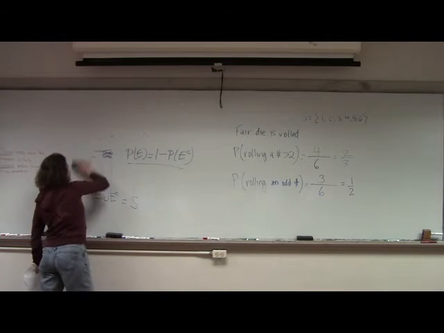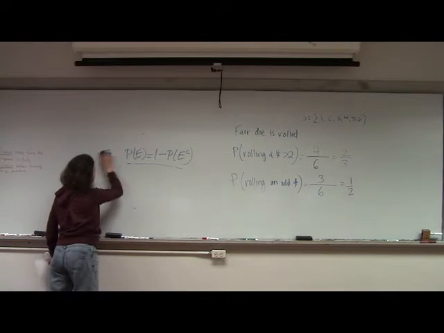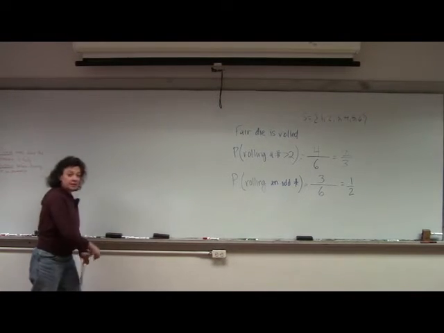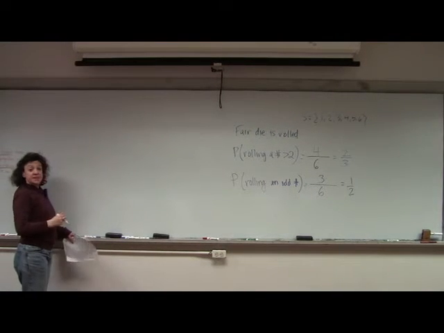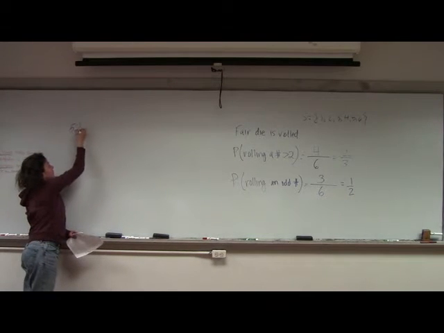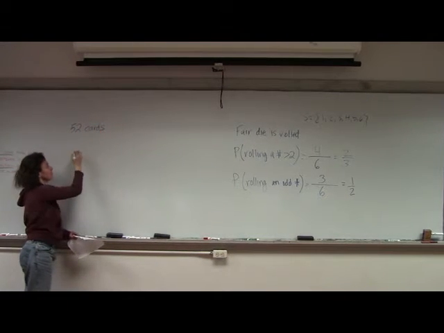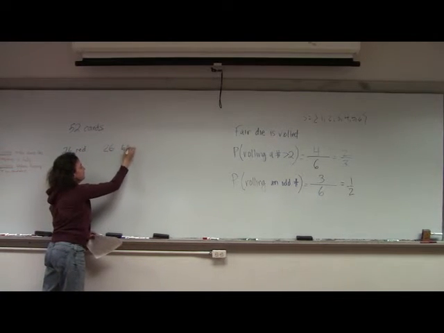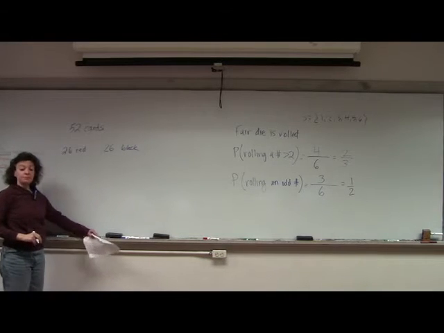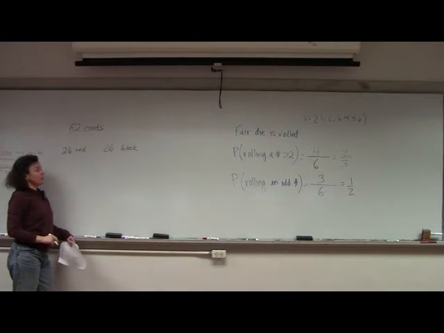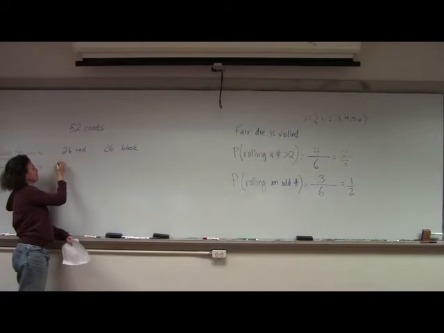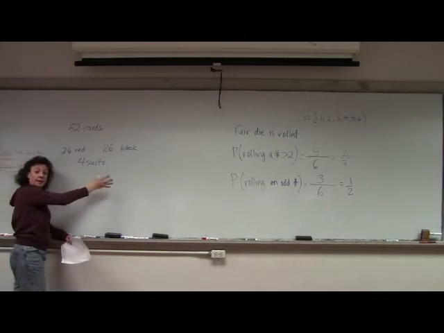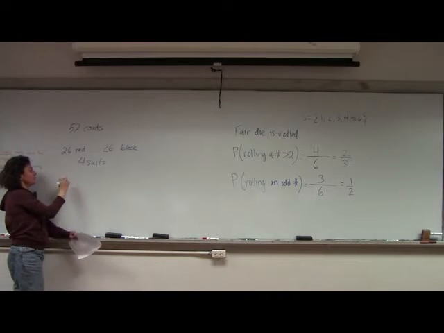Next, let's talk about cards. Cards are a fun example to use in the next couple of sections. In case you might not be aware, there's 52 cards in a deck. 26 of them are red and 26 of them are black. Another thing that you need to know about cards is that there are 4 suits. 2 of them are red, 2 of them are black.